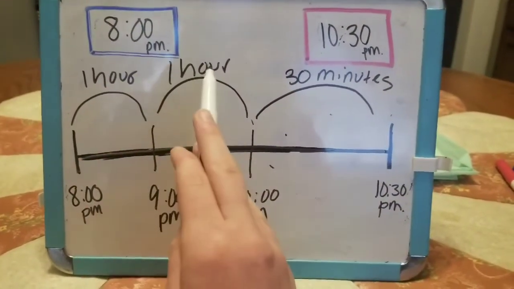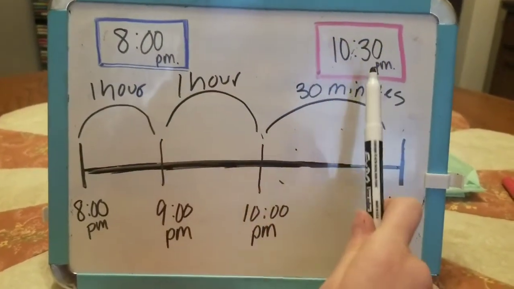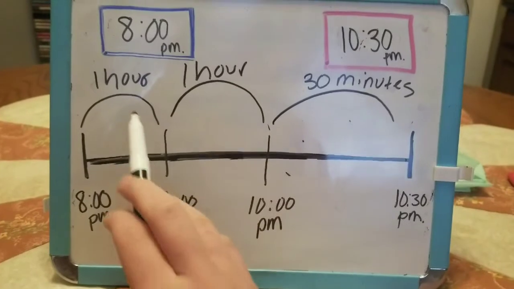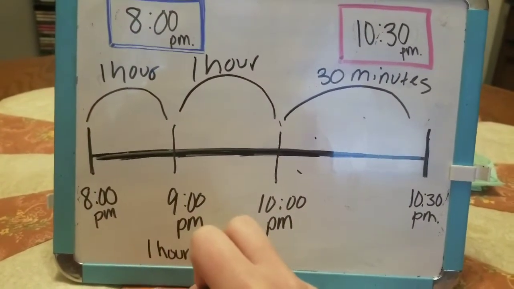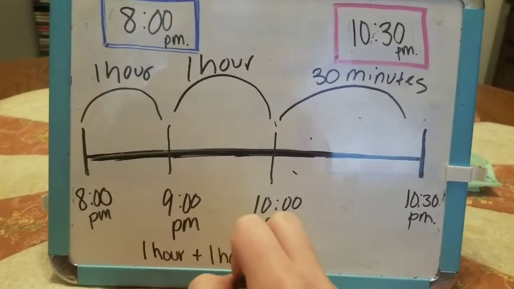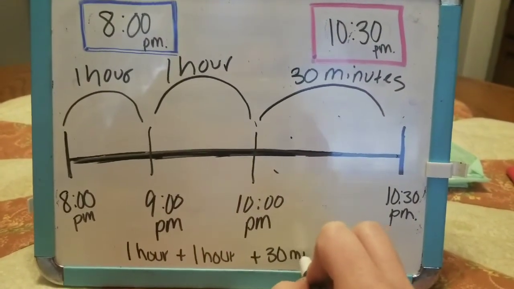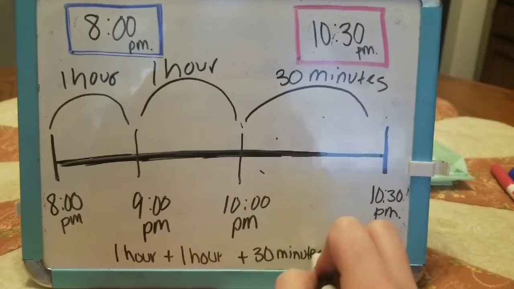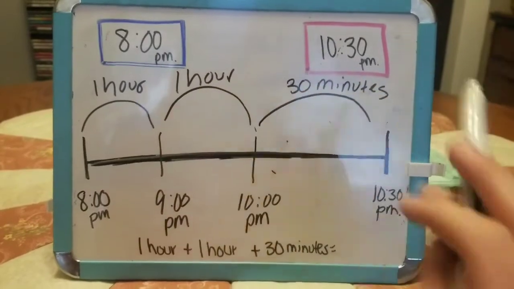So now we're going to add all of these up together to see how much time had passed from 8 to 10:30 p.m. So we have 1 hour plus 1 hour plus 30 minutes. Who could add those together and tell me how much time had passed?